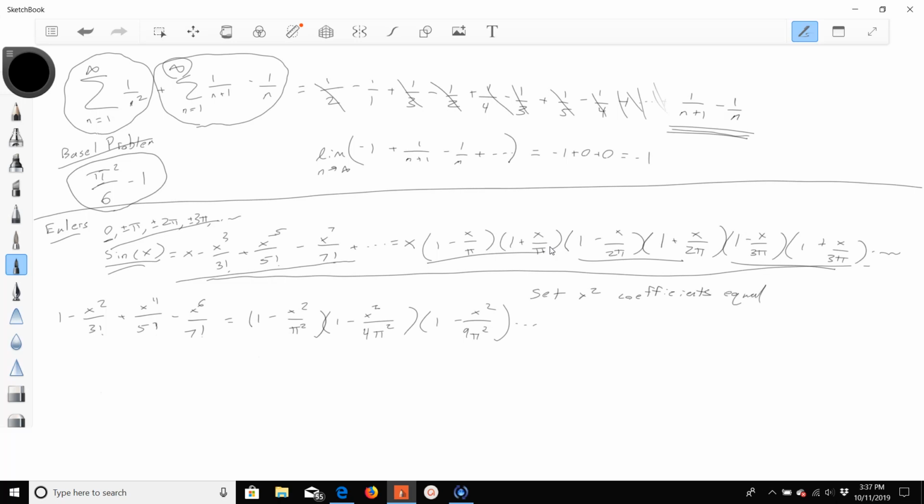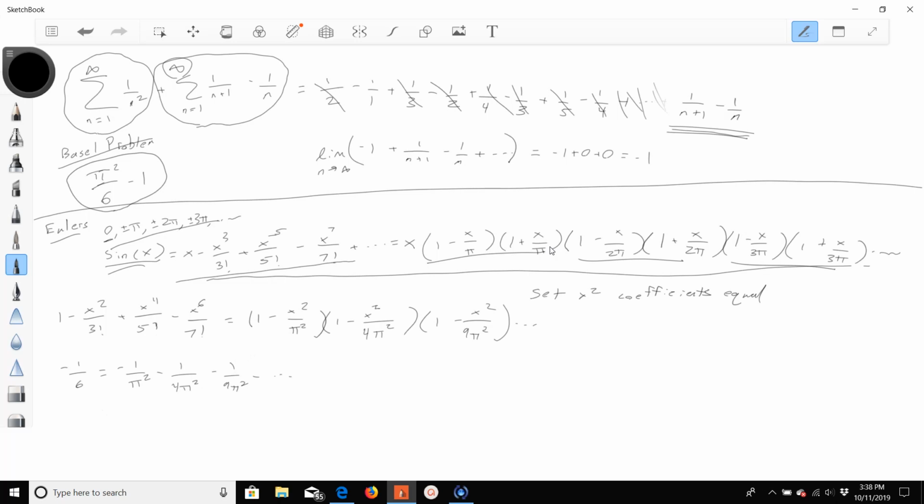So we get negative a sixth is equal to negative 1 over pi squared minus 1 over 4 pi squared minus 1 over 9 pi squared minus dot dot dot.